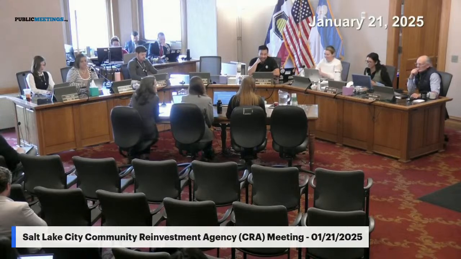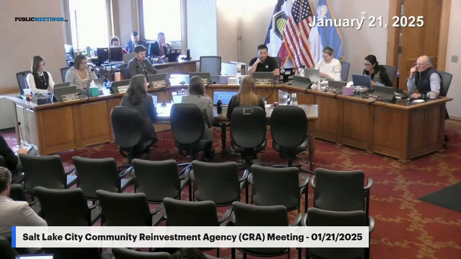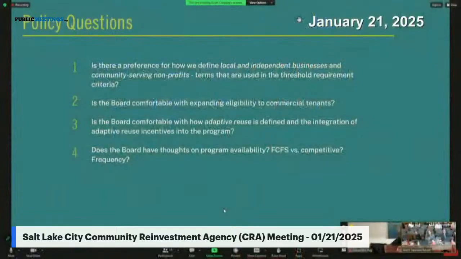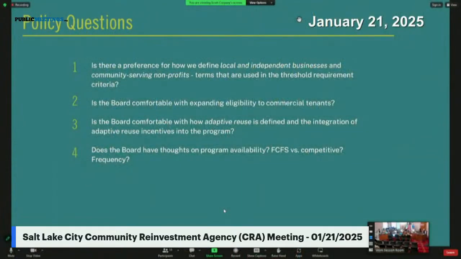Number 3 is comfortable with how adaptive reuse is defined and the integration of adaptive reuse incentives in the program. I made some thoughts on that. I think I'd like a little more time to think about how that works, or just a little more definition of what adaptive reuse qualifies as.